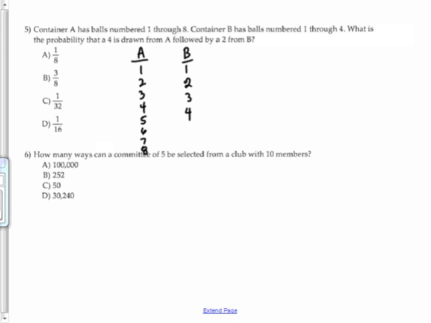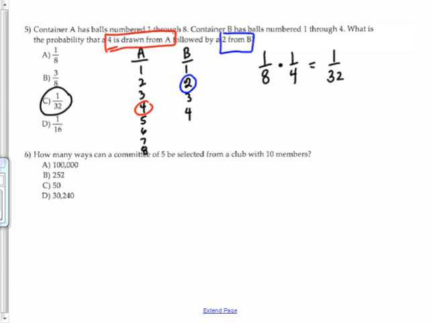The probability that a 4 is drawn from A: how many 4s do you have in A? You just have 1. So 1 out of 8 to get that 4, followed by a 2 from B. You only have one 2 in there, so that's 1 ball out of 4. When you're doing this without replacement, you just multiply those. And so the probability of getting that is 1 out of 32.